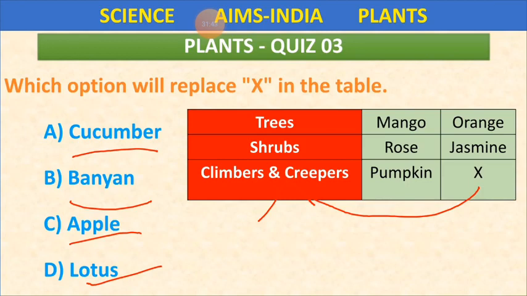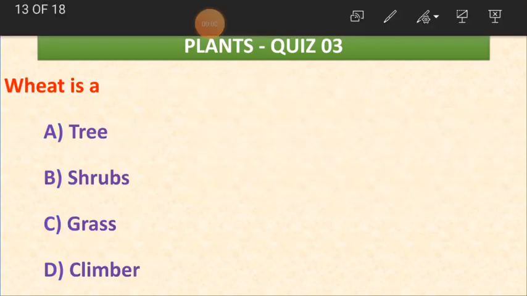So not a climber or a creeper. What is left with us now? Cucumber. That is our right answer. So option A is the right answer. Understood, children? So you have to give me the answers, like you just type the correct letter. Yes, children.